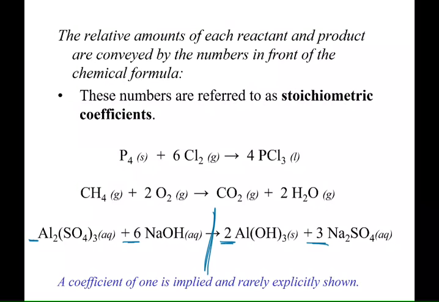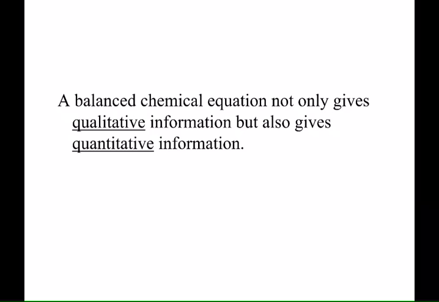We're going to actually, here in a minute, talk about how you can balance them on your own. So a balanced equation tells you the reactants and the products, which is what we call qualitative information, and then it also gives you those stoichiometric coefficients, what I call recipe information or relative amounts.